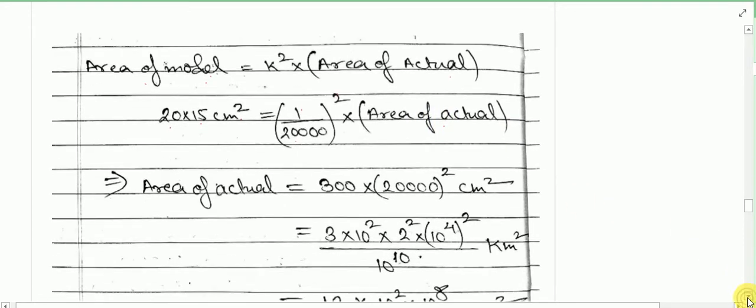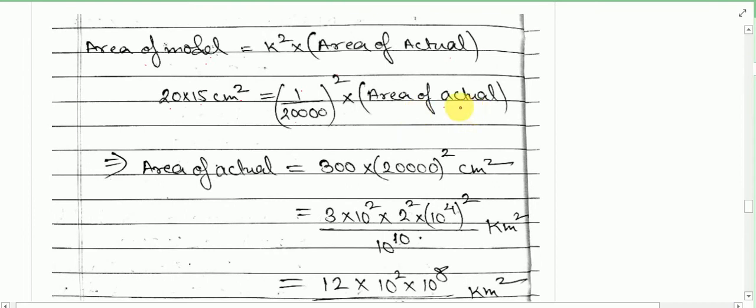Now what you have to do, you have to make the actual area the subject. So this 20 into 15 will become 300, and this 20,000 whole square will go in multiplication, with centimeter square.